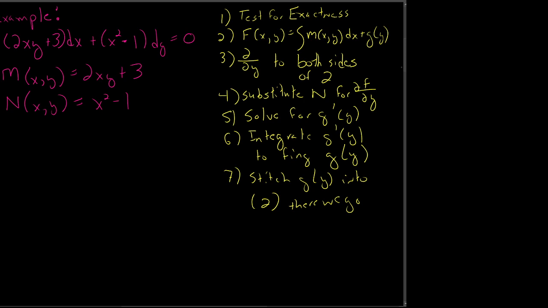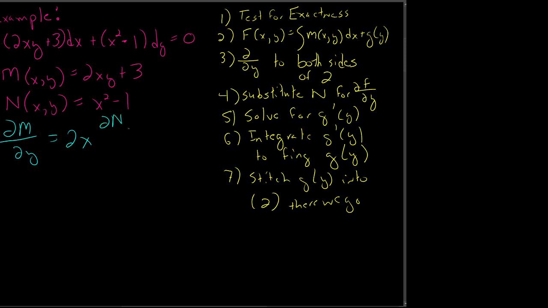I'll do it again, because it's right there in my notes. Take the partial of m with respect to y. So if I come through here, and y is what I'm taking my derivative of, this is the constant in front of it. This becomes y to the 0th, and the derivative of a constant is 0. And so dm dy is 2x.